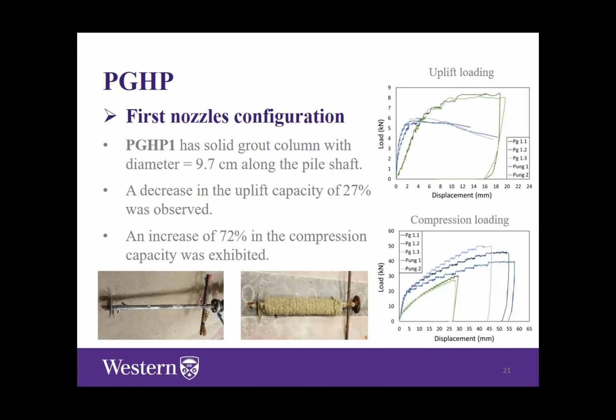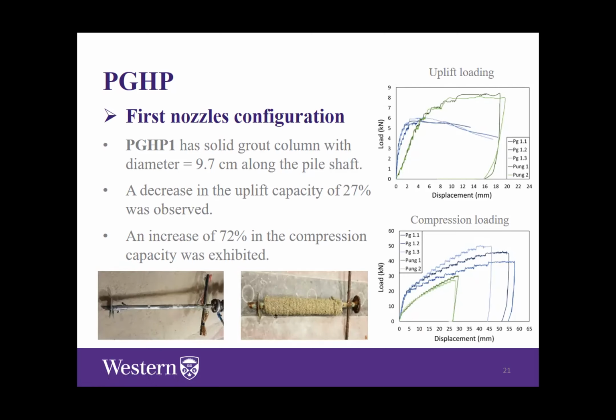For the first nozzle configuration, which is 2 nozzles above the helix looking downward, when we extracted the pile from the sand bed, we observed the formation of a solid grout column. This solid grout column has a 10 centimeter diameter along the pile shaft. The creation of this grout column can be attributed to the rotation of the pile, which allows these two grout nozzles to create a cavity around the pile.